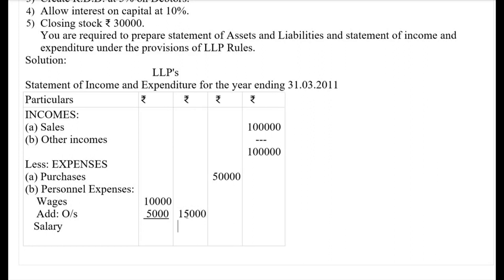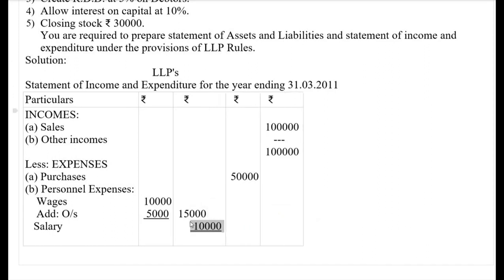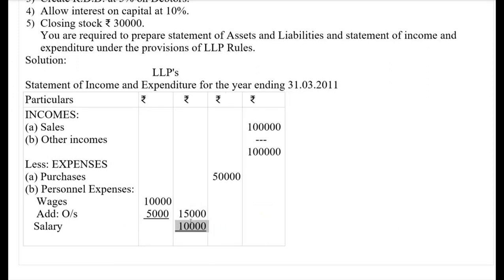Then salary, let me take here 10,000. So let me underline here. The sum of this will be 25,000. Then next, C, administrative expenses.